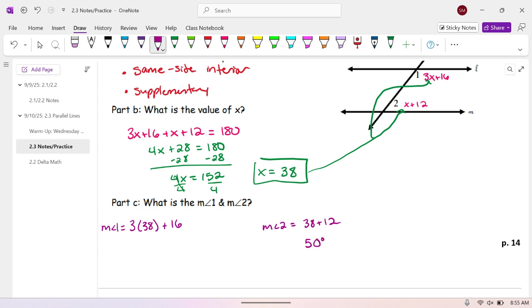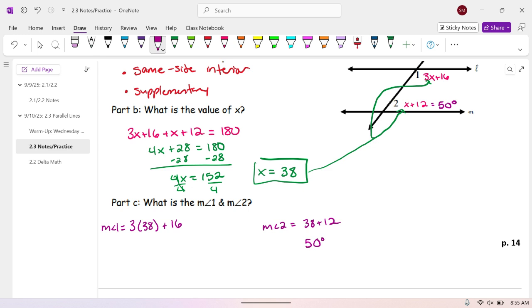So knowing what we know about angles 1 and 2, if I didn't want to have to do the calculation for it, what could I assume angle 1's equal to? 130, because they're what? Supplementary. So we could assume if I got 1, the other one should come to me fairly easy without even having to plug in for x.